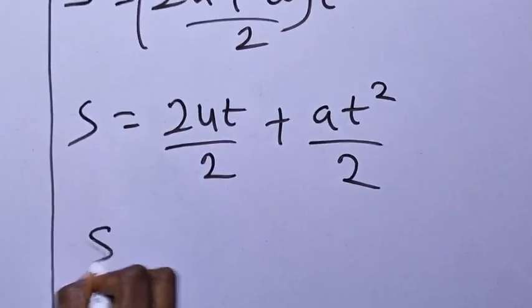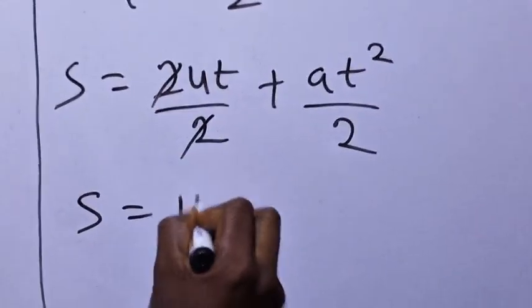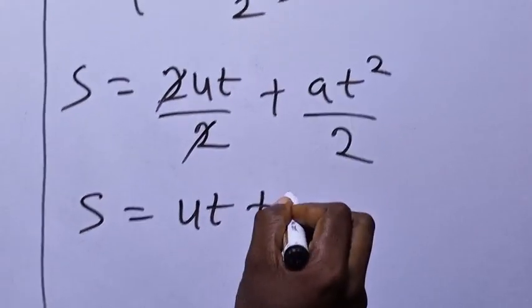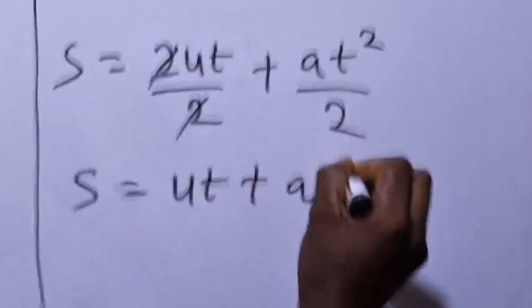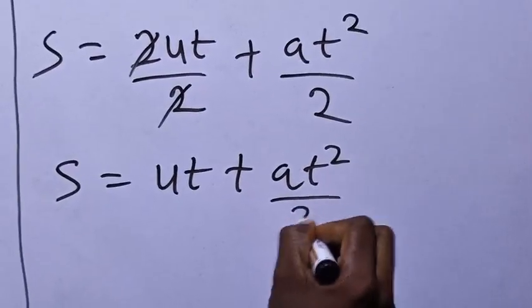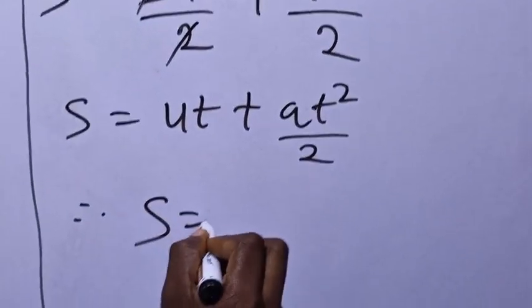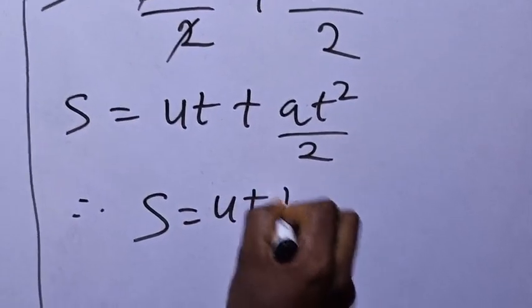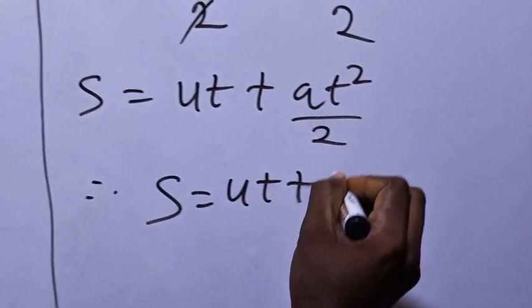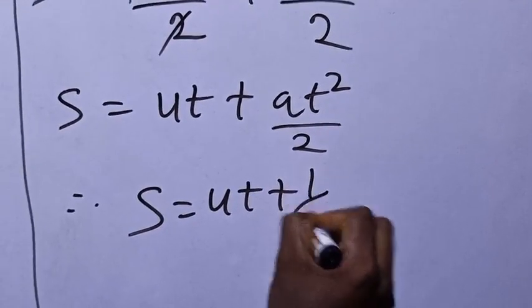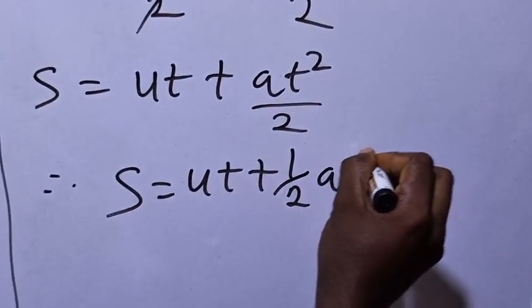Then x equals, this 2 will cancel this 2, we have ut plus at square over 2. Therefore, finally s equals ut plus, to remove this fraction sign, we introduce 1 over 2 at square.